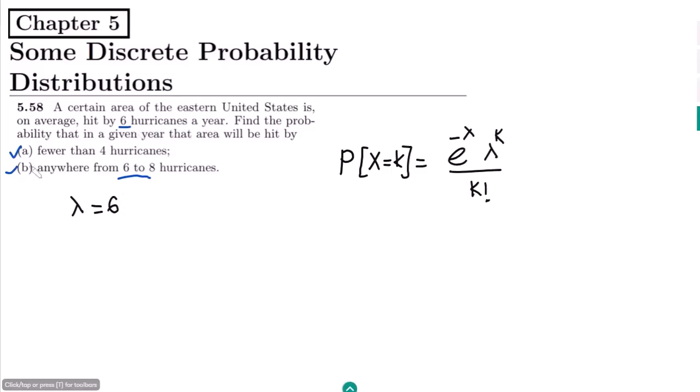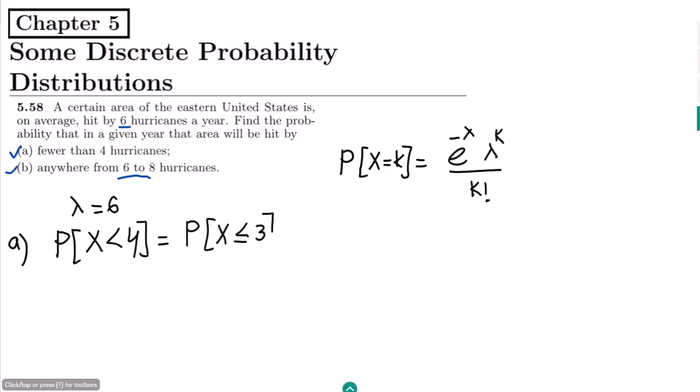In order to find fewer than 4 hurricanes, we have to find the probability that x is less than 4, which is the probability that x is less than or equal to 3.